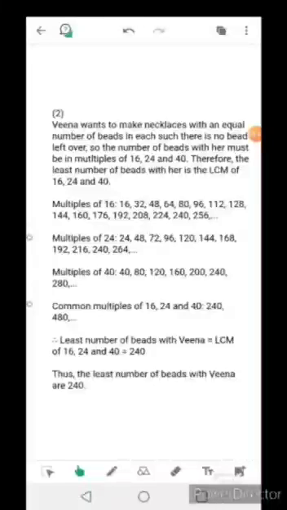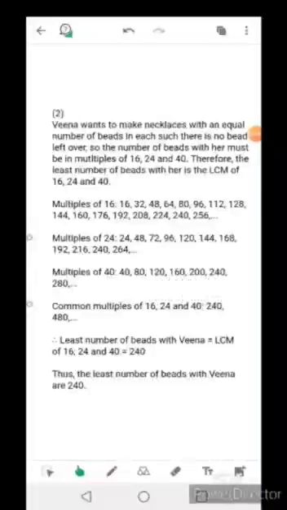So the multiples of 16 are 16, 32, 48, 64, 80, 96, 112, 128 and so on. Multiples of 24 are 24, 48, 72, 96 and so on. Multiples of 40 are 40, 80, 120, 160, 200 and so on.